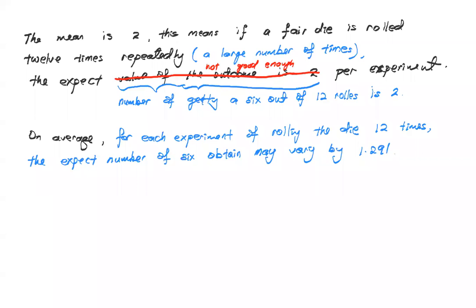That is the meaning of standard deviation. When we say may vary by 1.291, it means that it can be more, it can be less.